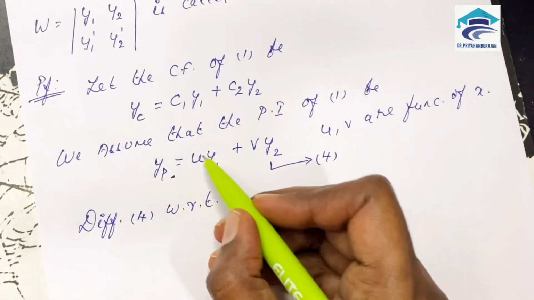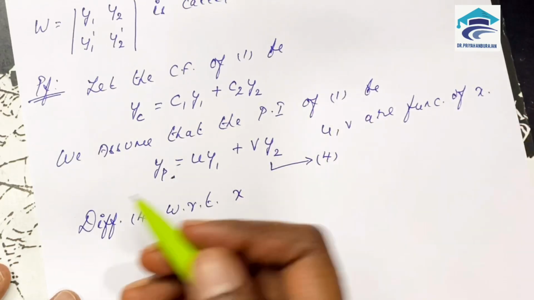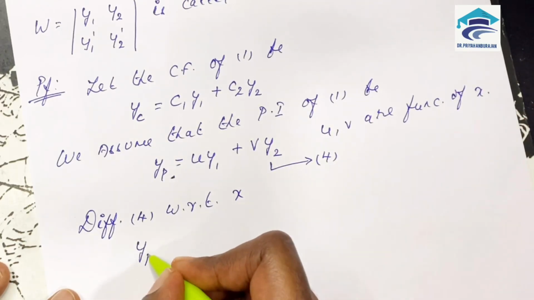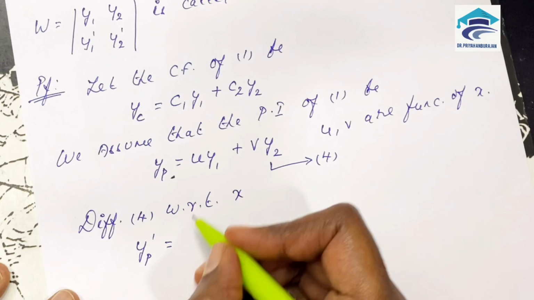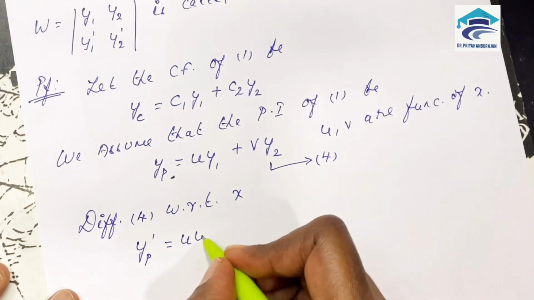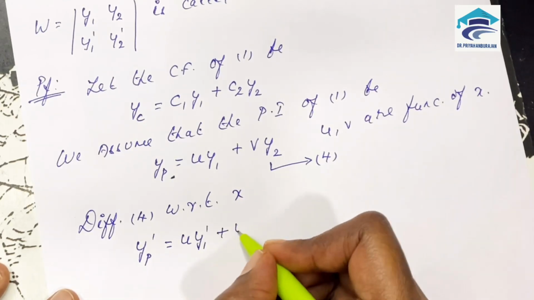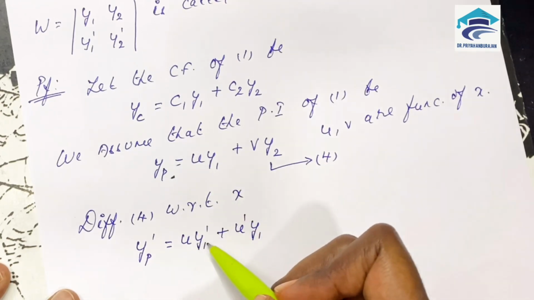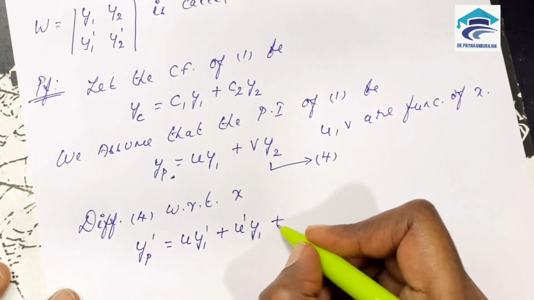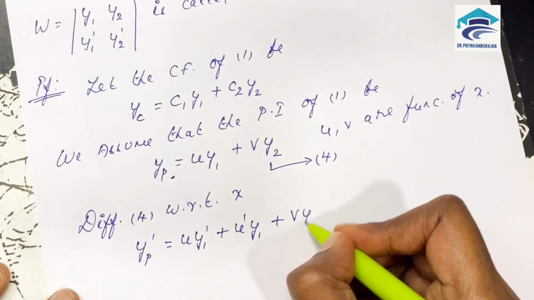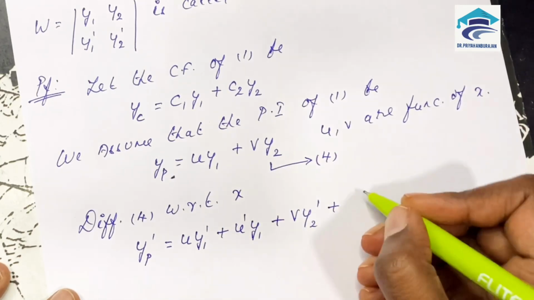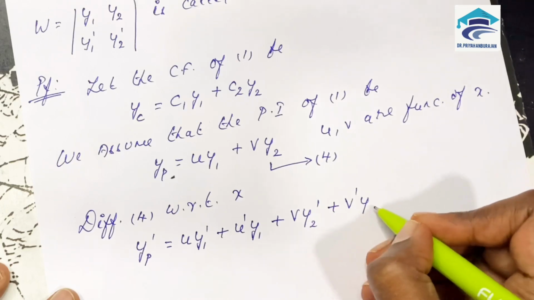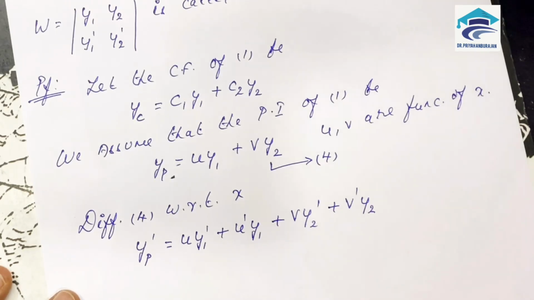Here u and v are also functions of x. So what we get? yp dash is equal to u y1 dash plus u dash y1 plus v y2 dash plus v dash y2. So I am getting this.